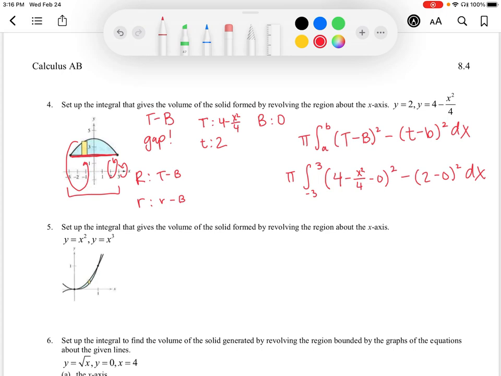So cleaning that up a little bit, we could have pi, the integral from -3 to 3, of 4 minus x squared over 4 squared, minus, well, 2 minus 0 is 2, and 2 squared is just 4. So that would be our integral that we would then go through and solve.